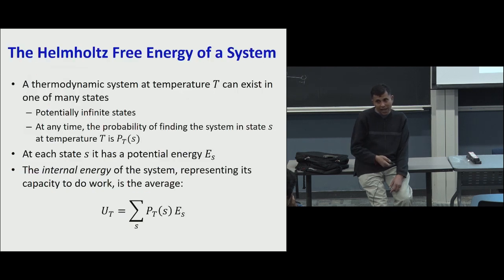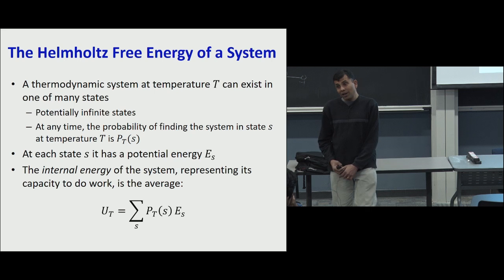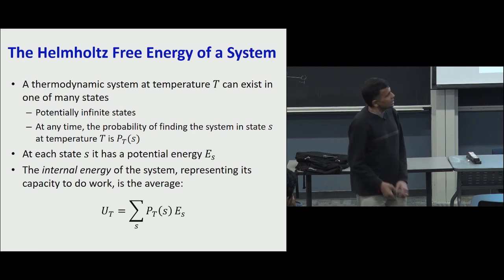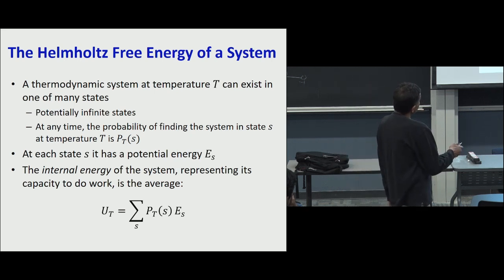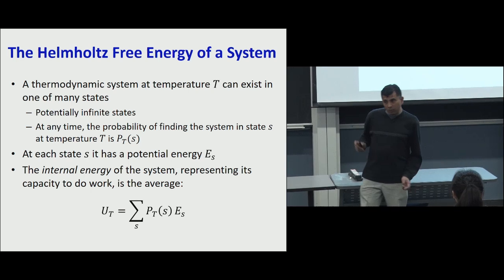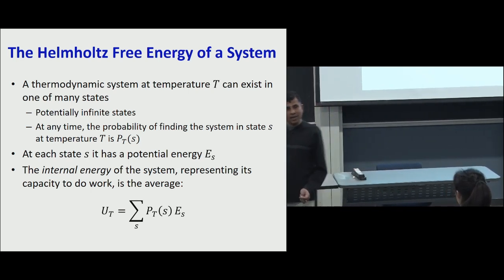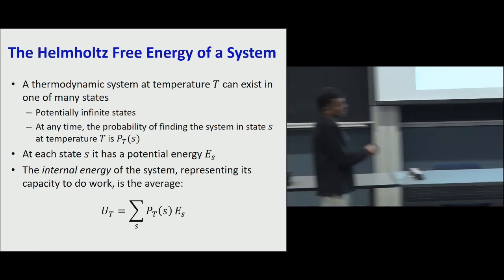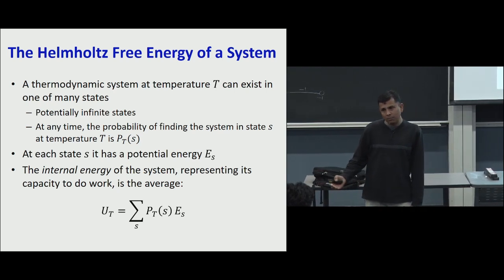Now, how does the physics actually work? You might have seen this in your college classes. At that point, maybe it didn't really imprint on you too strongly, but it's a very beautiful thing. So a thermodynamic system at temperature T can exist in one of many states, potentially infinite states. At any time, the probability of finding the system in some state is a function of the state itself, some Pt of s.